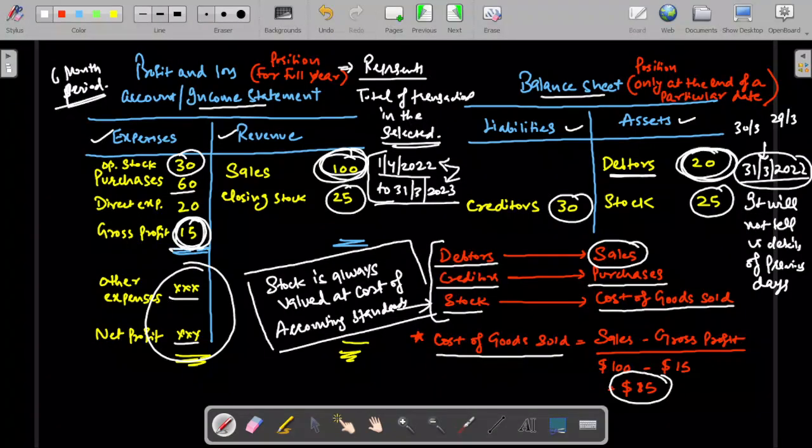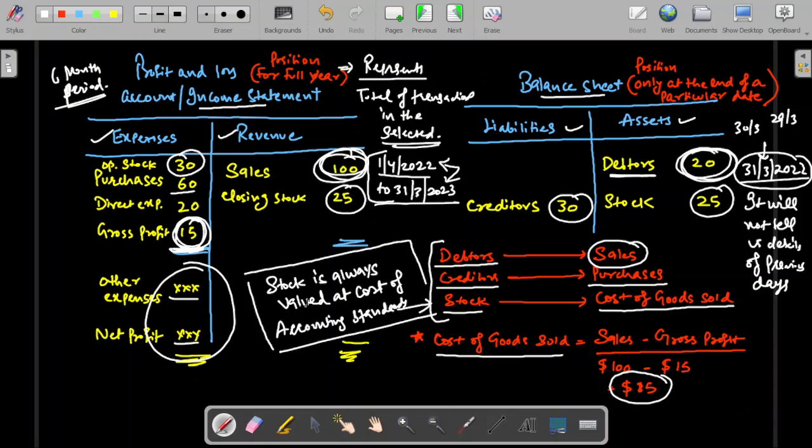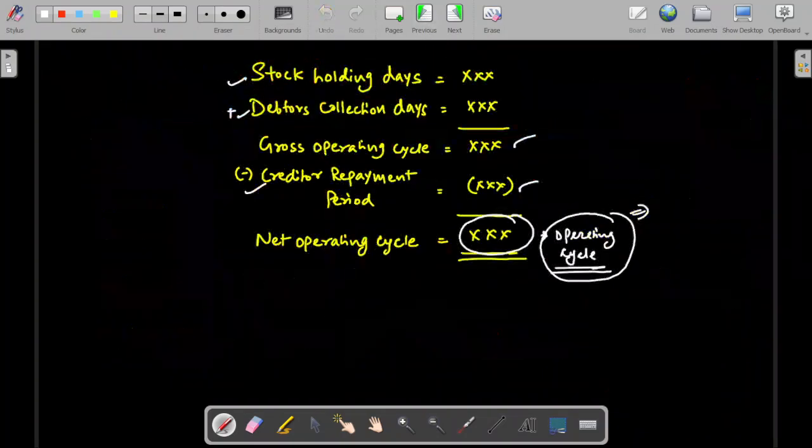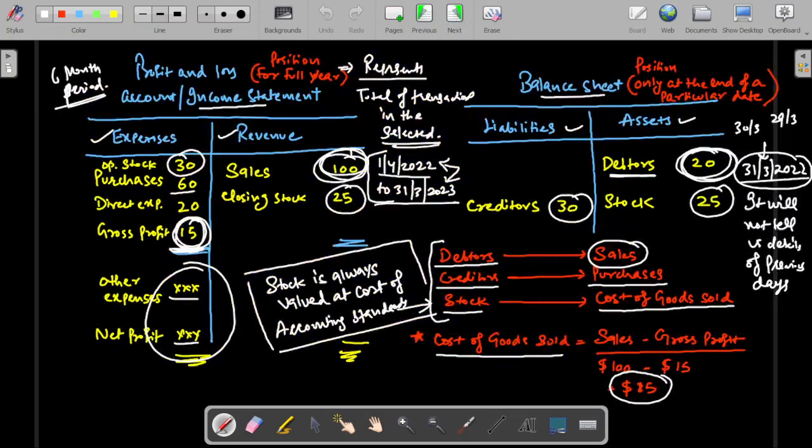We are concerned only till the gross margin part. In operating cycle, we are discussing stock, debtors and creditors. All three items are found in the balance sheet. Debtors and stocks are assets of the company, so these are found on the asset side, while creditors are a liability, so this is found on the liability side.